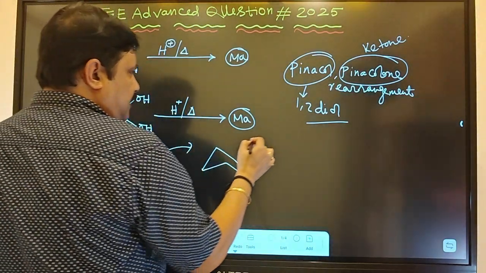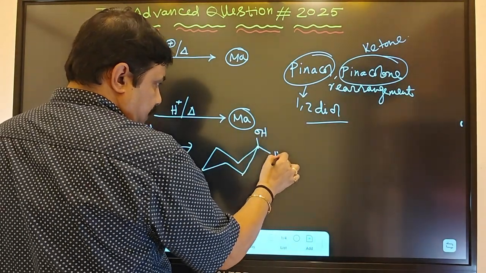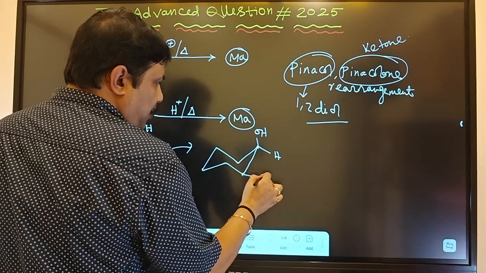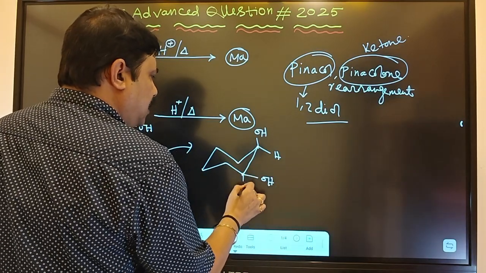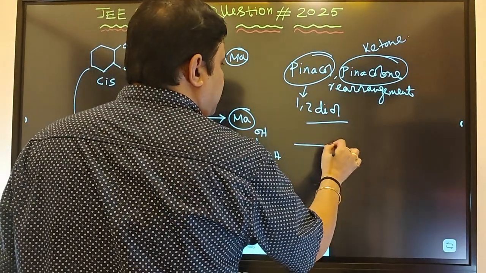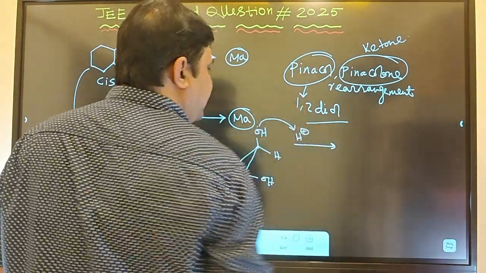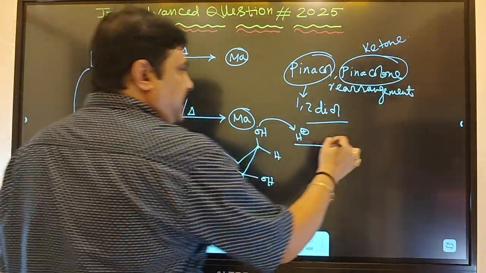Now this I am doing. Cis means one OH I am putting axial and the other equatorial. This is your 1-2 cis. Now this OH gets protonated, and immediately, why?